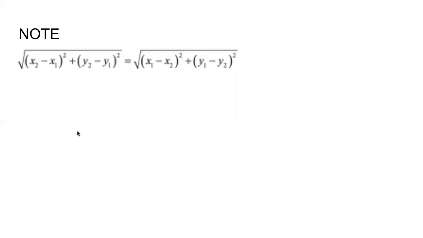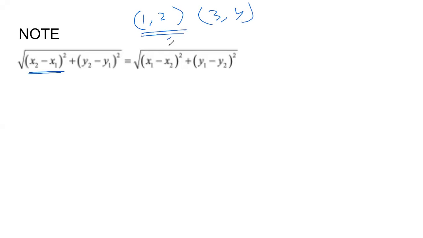There is something very, very special about this formula. See what is happening in the formula. In the formula, we have x2 minus x1 ka square. Now, suppose the points are 1, 2 and 3, 4.